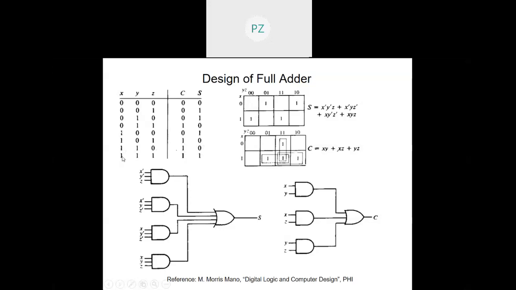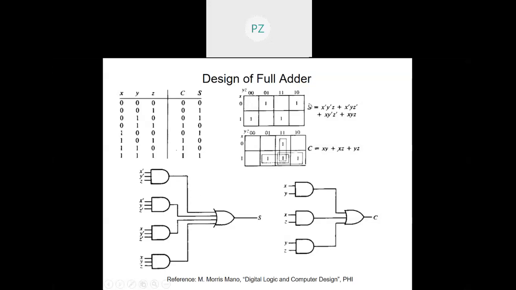It is when it becomes 1 plus 1 plus 1, I get 1 1, because that will be 3, which when represented in binary is 1 1. So in this case, the sum bit would be 1 and the carry bit would be 1 as well, right? So this is the truth table of a full adder.